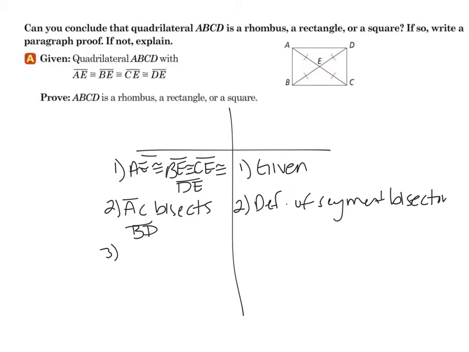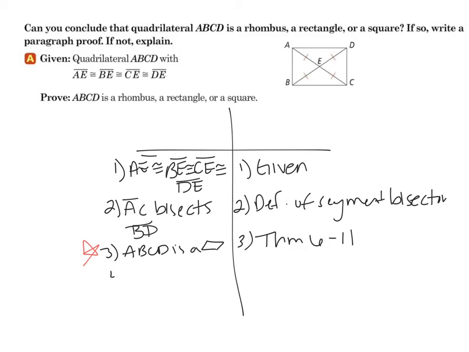Next, we can say that ABCD is a parallelogram. I'm going to draw the symbol for parallelogram. And our reason for that is theorem 6-11. Now this statement that I just wrote is very important because now we know that it's a parallelogram, so all of the properties of a parallelogram can be listed in our proof.